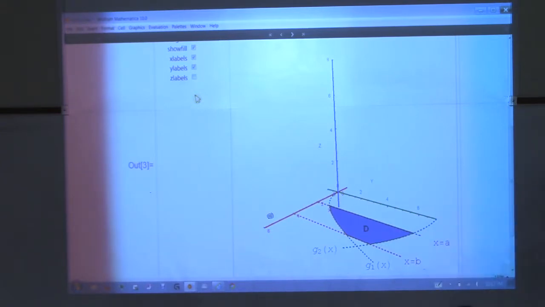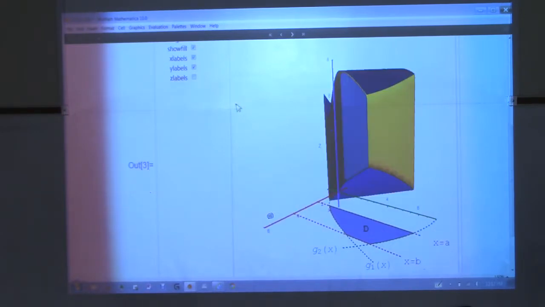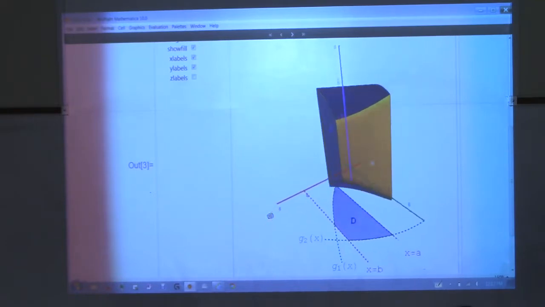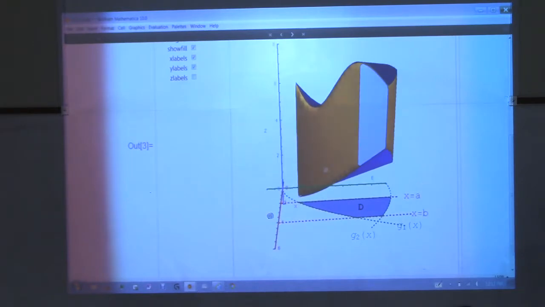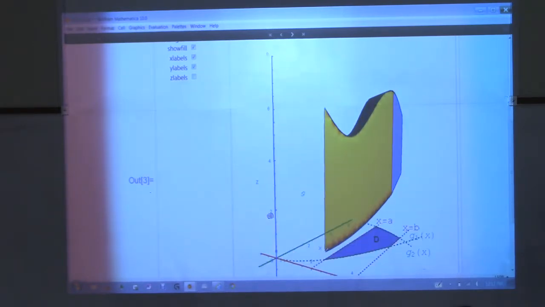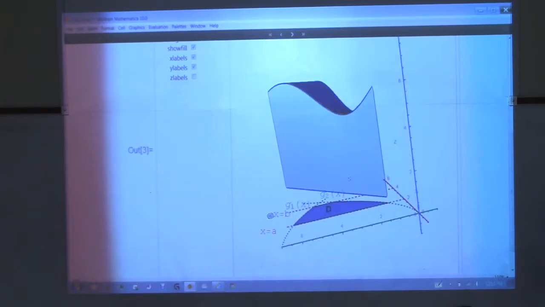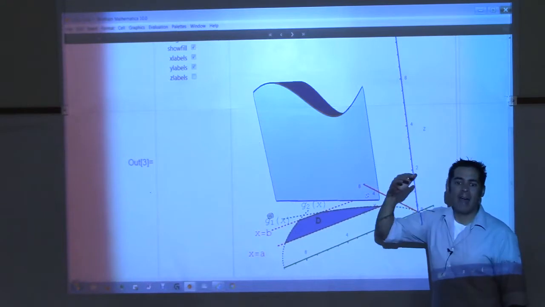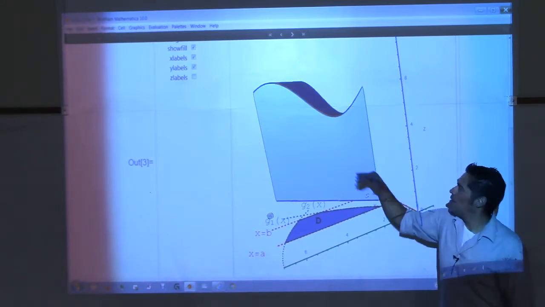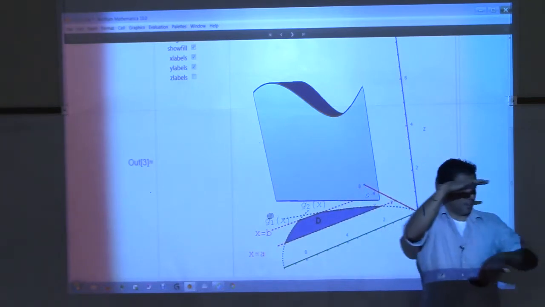Now, the actual region, here it is. I'll give you a full 360 view of this thing. When you look at this, do you see that the z values are stuck between two surfaces?